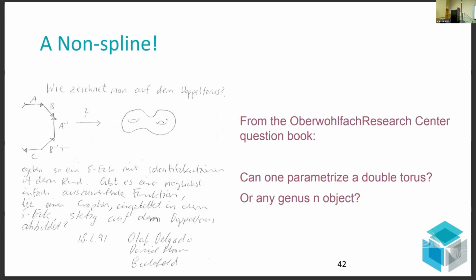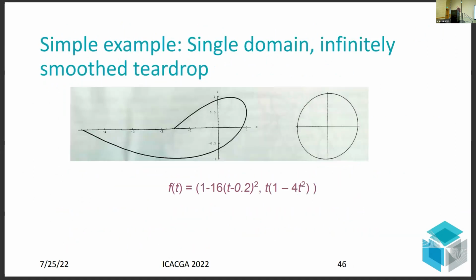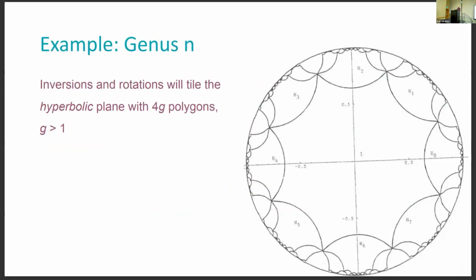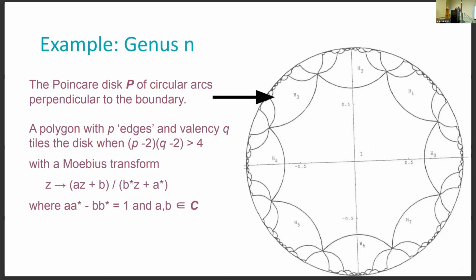I'm not going to talk about non-splines because we don't have time. This is a talk I gave earlier. But the only thing I'm going to say about it is we can define an arbitrary genus object on a single domain. So we get rid of splines altogether. The nice thing about it is it uses a conformal map on the Poincaré disk, the hyperbolic space.